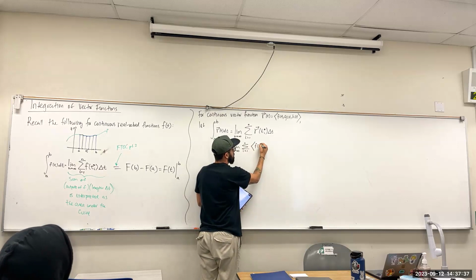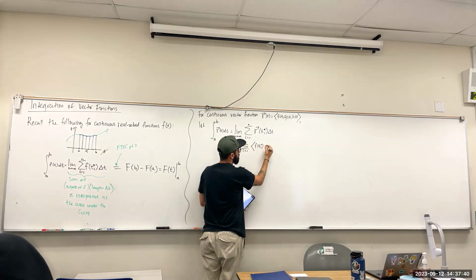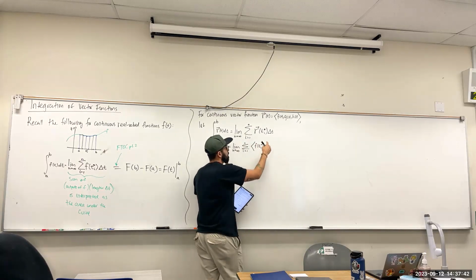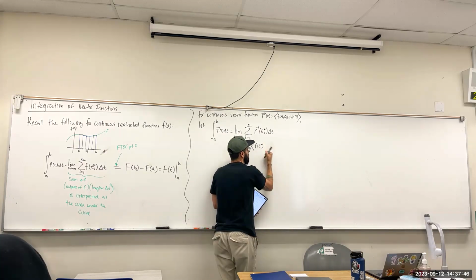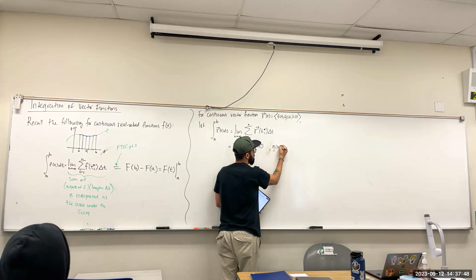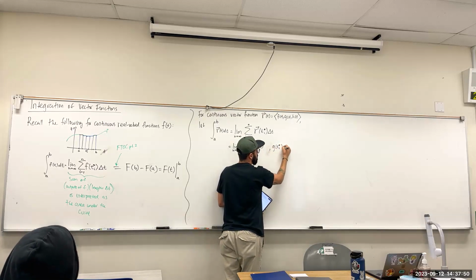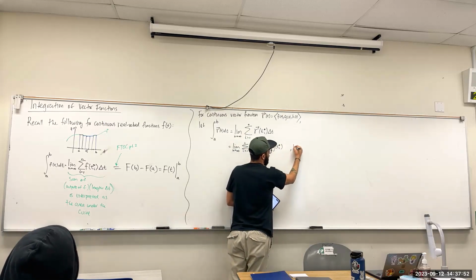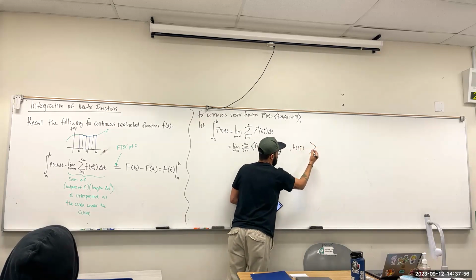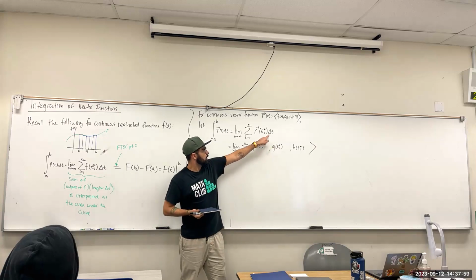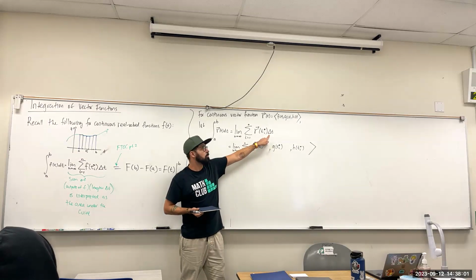But let's see. So this is just f of ti star. Leave some space here, guys. G of ti star. Leave some space. And then h of ti star. Leave some space. What do we do with the delta t then when you're multiplying it with a vector?